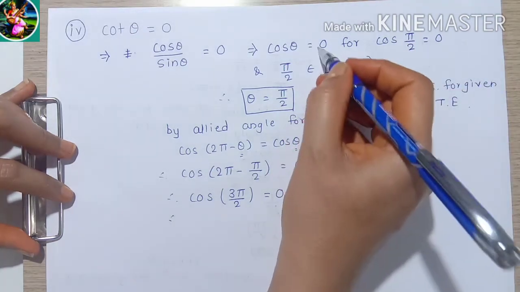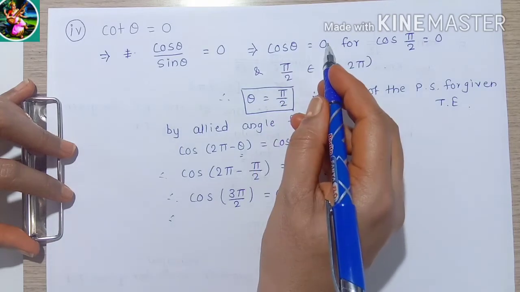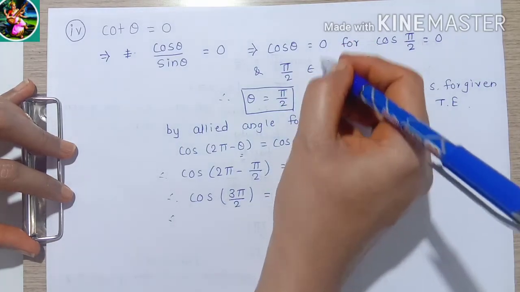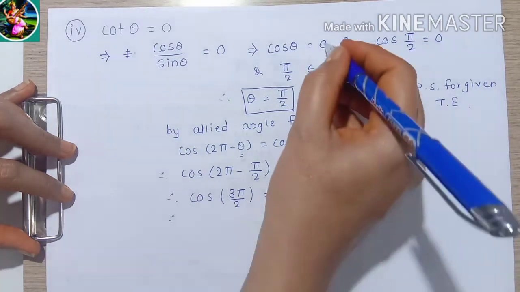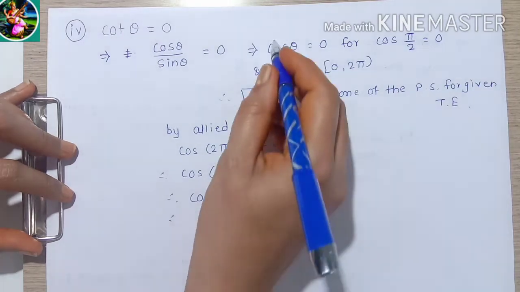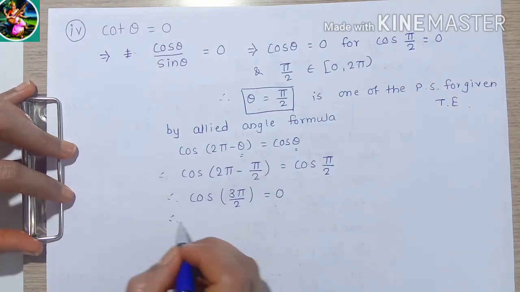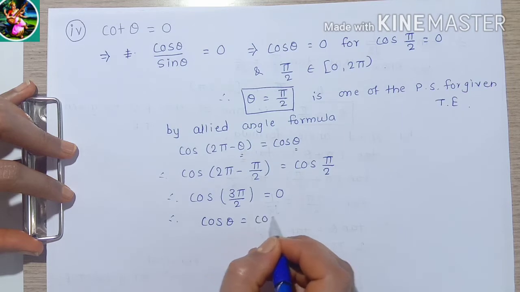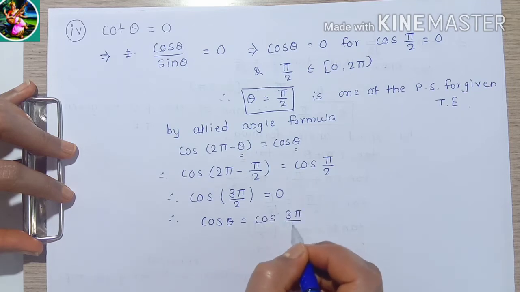We know that cos pi by 2 is 0. Therefore, the two equations, cos theta is equal to 0 and cos of 3 pi by 2 is equal to 0, both have their right hand sides equal. Therefore, we write the equality of their left hand sides, that is cos theta is equal to cos of 3 pi by 2.